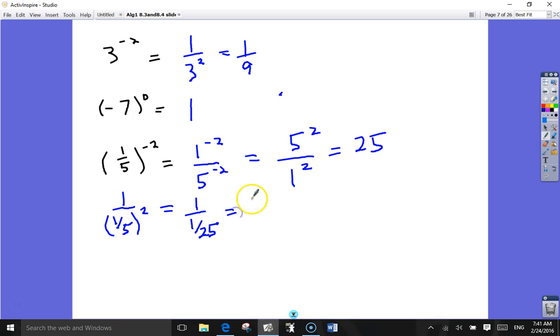But remember, when you divide by a fraction, that's like multiplying by the reciprocal. So in either case, it's 25. And usually, if you have a fraction raised to a negative exponent, just flip it. Move the numerator to the denominator and the denominator to the numerator, and that'll switch it to a positive.